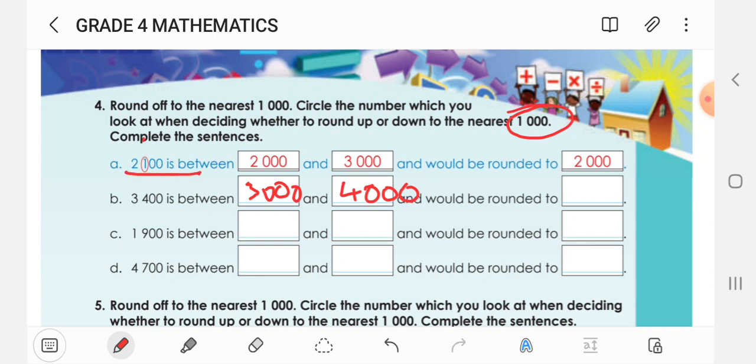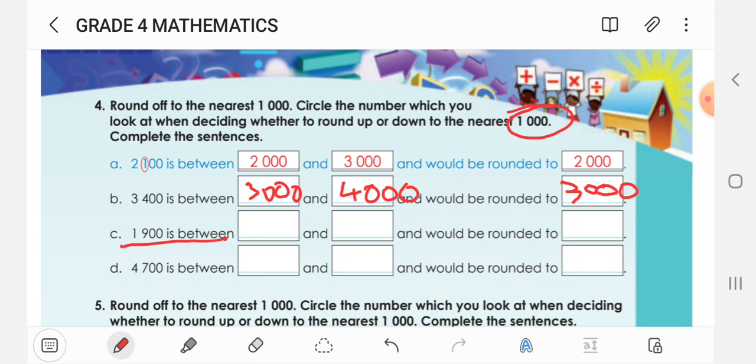Whenever we have 0, 1, 2, 3, or 4, the first number remains the same, and the numbers after that will all become 0. Okay, just like they have done here. This one remained the same, and this one all became 0. All right, so we are rounding off 3,400 because after the 3 we have 4, we will still get 3,000.